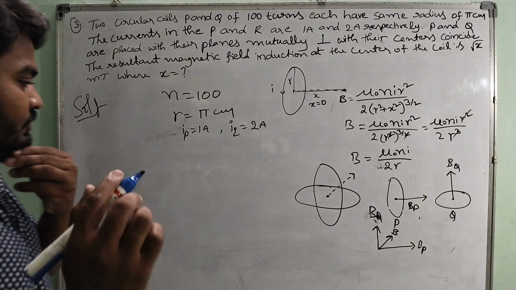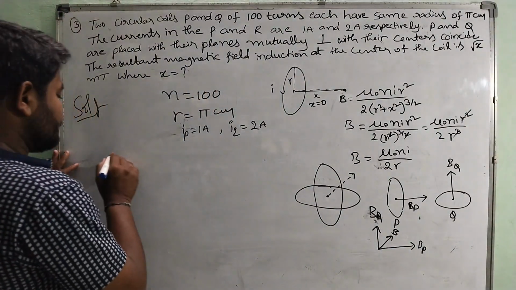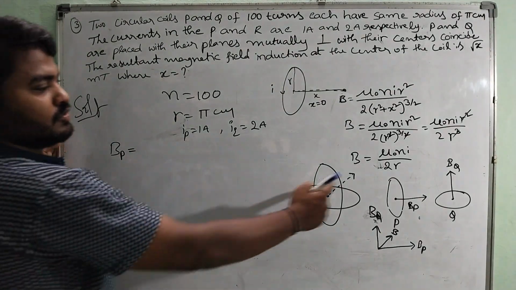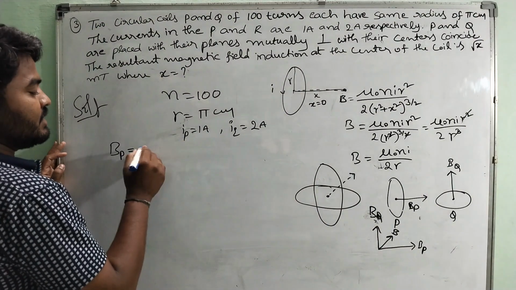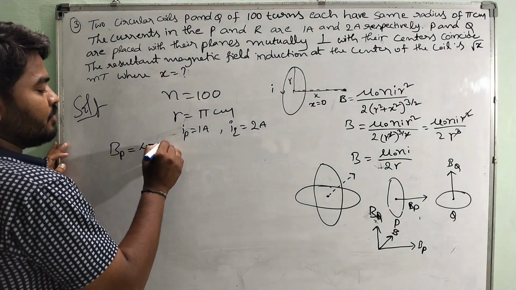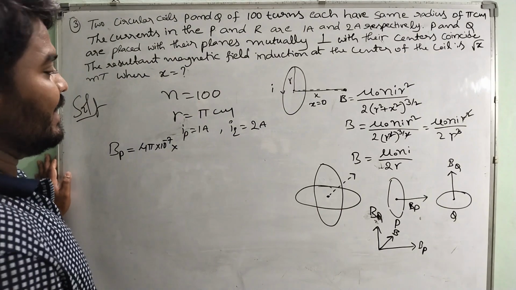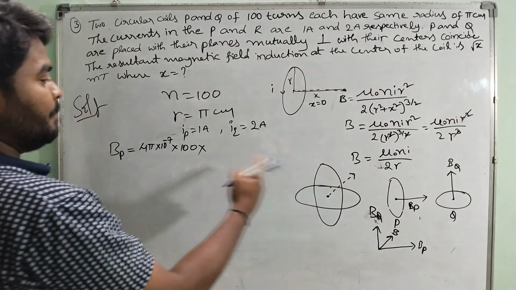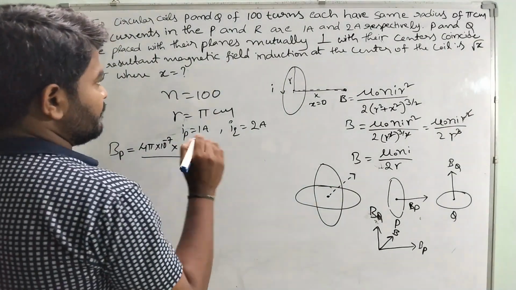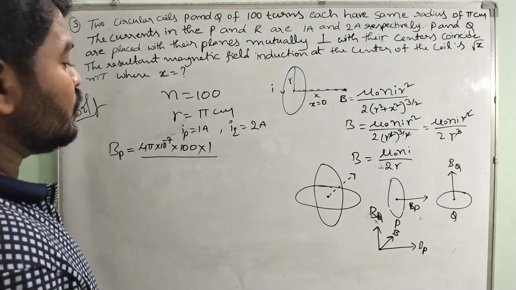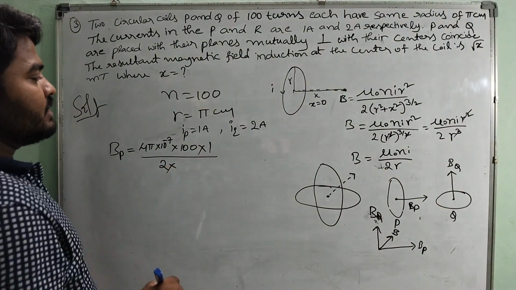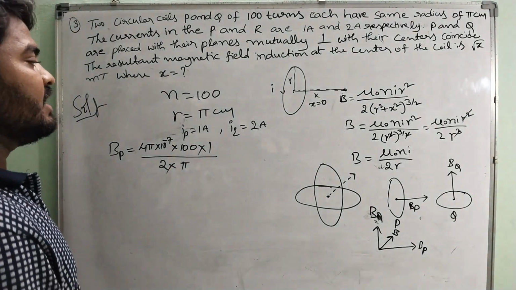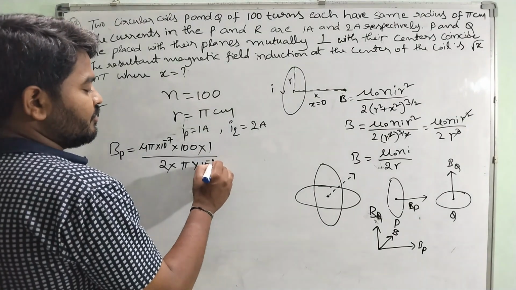Now first of all, we will find BP, the magnetic field due to P. BP equals mu naught N I by 2R. Mu naught is 4 pi into 10 to the power of minus 7, N is 100, and the current in P is 1 ampere, by 2 into the radius, pi centimeter. Let's change centimeter to meter, into 10 to the power of minus 2.